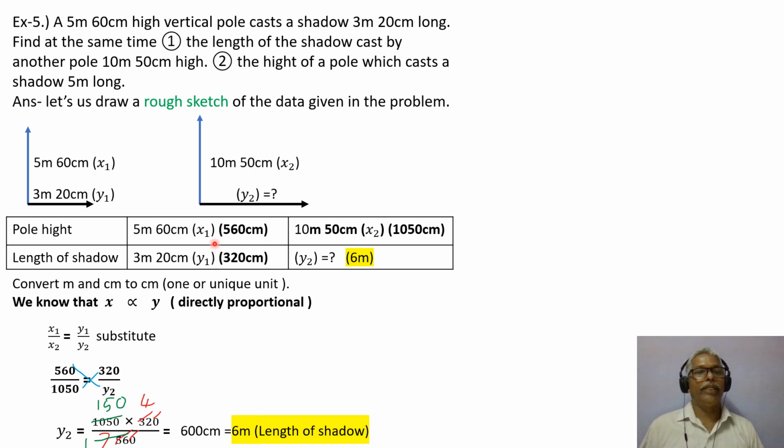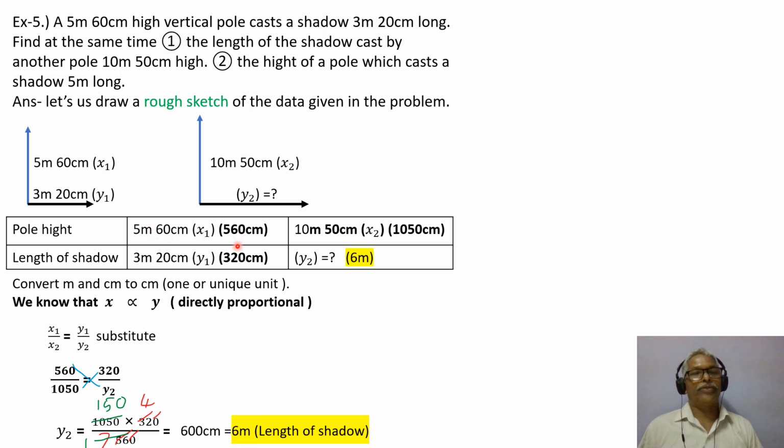Now, very interesting, see, I have given a comment here: convert meters and centimeters to centimeters. So never keep it like this, meters and centimeters. Convert it to a suitable unit. 5 meters and 60 centimeters is 560 centimeters. Convert to only one unit. You can do it the other way around also, but that may be a little difficult.